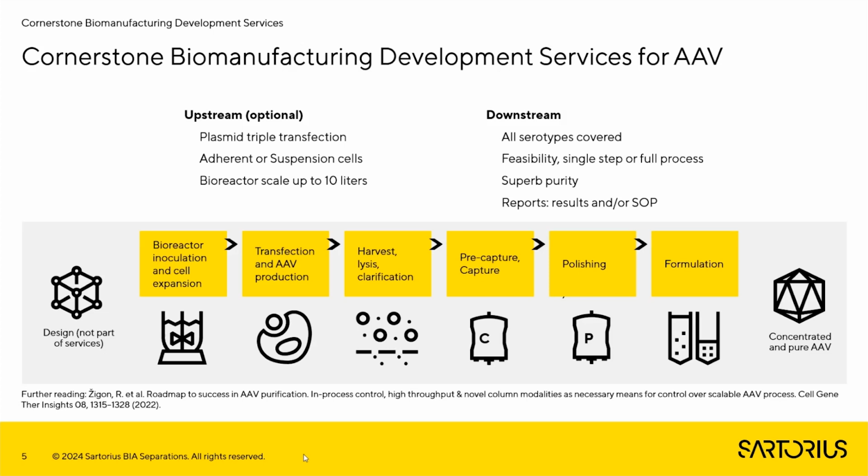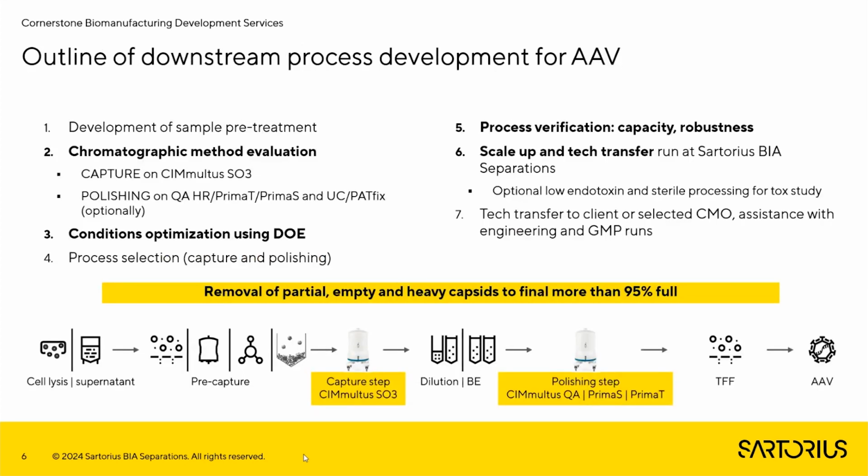The team of upstream experts, equipped with advanced analytics, aims to maximize both titer and percentage of full capsids right from the harvest stage. The schematic outline of the AAV purification below in the slide highlights the stages where we really concentrate our efforts, specifically the capture step and the chromatographic polishing step.